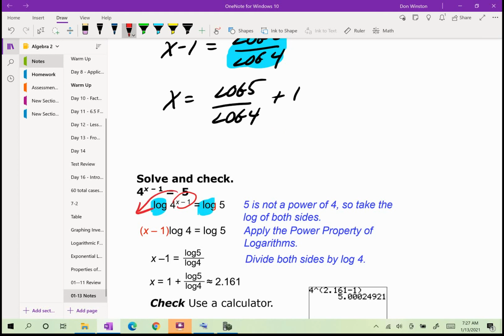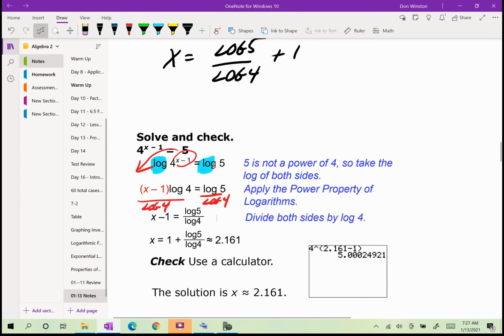So now I have x minus 1 times log base 10 of 4 equals log base 10 of 5. And then we divide by log base 10 of 4. So that gives me x minus 1 equals log base 10 of 5 divided by log base 10 of 4. And then I add 1 to both sides. But I still got the same answer.